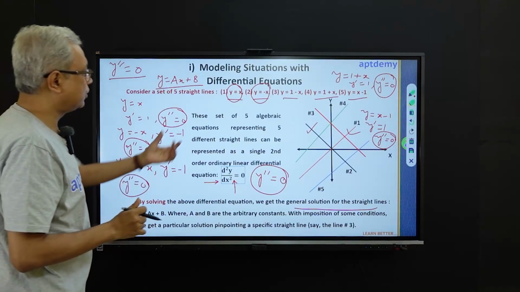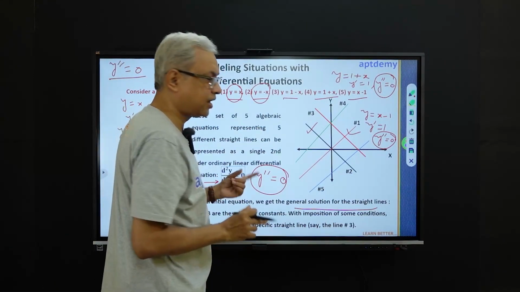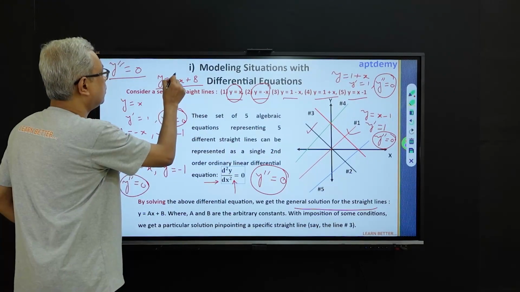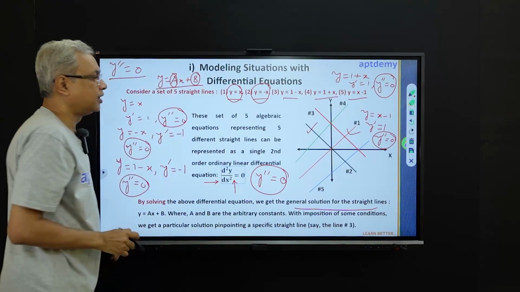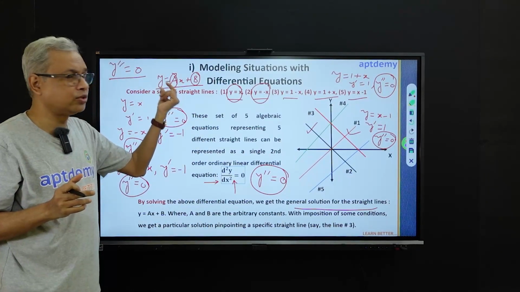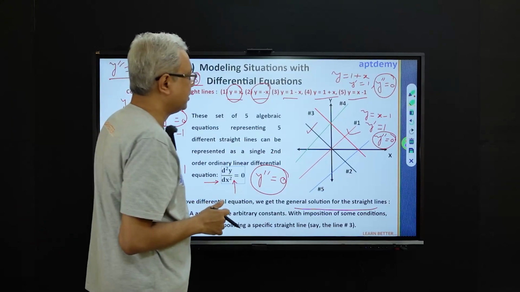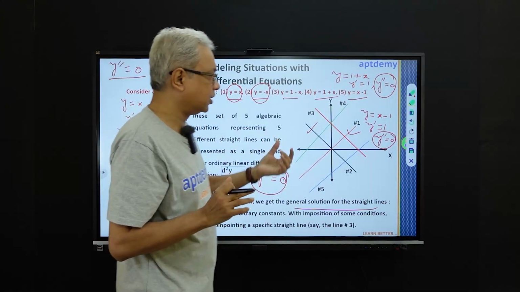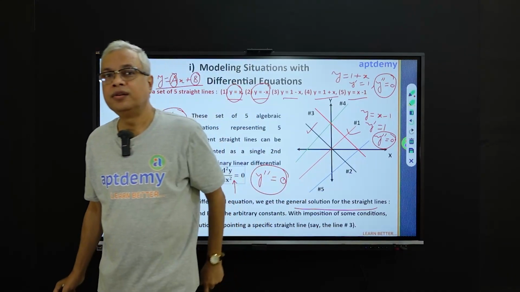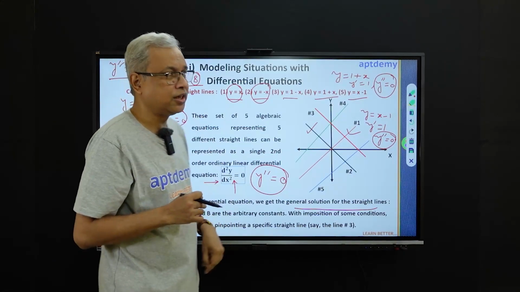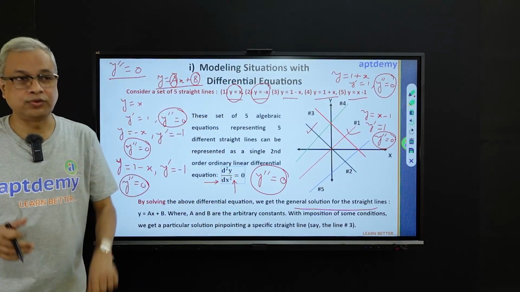Since it is a second order differential equation, the solution involves two unknown constants, a and b, and we need two conditions to evaluate them. If it is a first order differential equation, generally the solution involves one arbitrary constant, and with imposition of one condition we can evaluate that unknown constant.